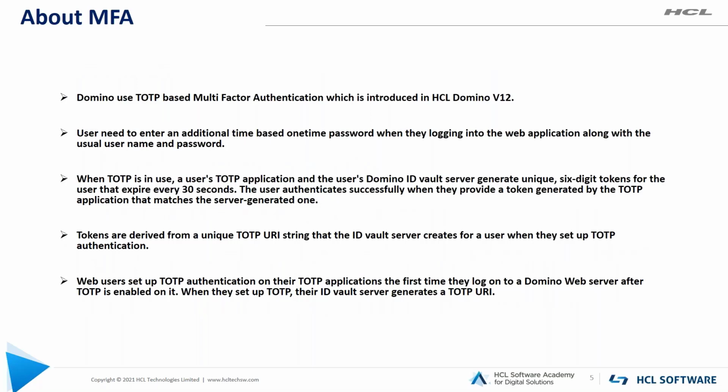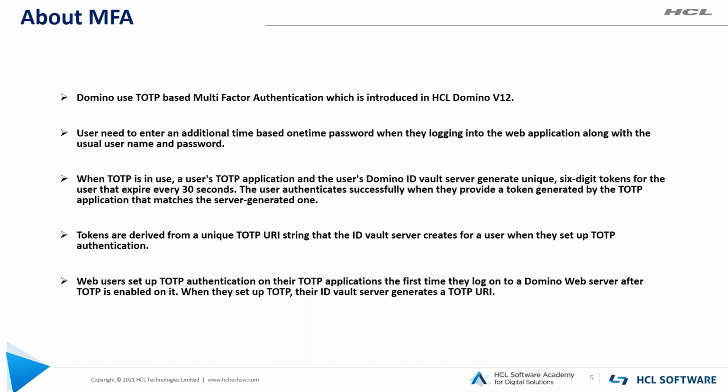Domino uses TOTP-based multi-factor authentication, which was introduced in Domino 12. End users need to enter an additional time-based one-time password when they are logging into the Domino web application, along with the usual username and password.